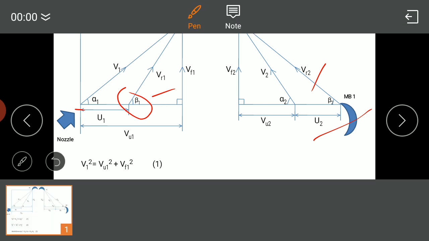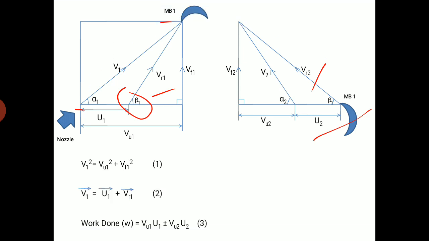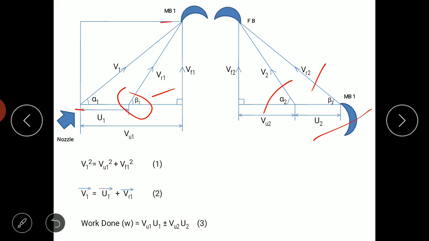Next, how do we get alpha 2? In the next stage, water enters the fixed blade with an absolute velocity v2. Here you can see the fixed blade at an angle alpha 2. This is how we draw the velocity triangle.